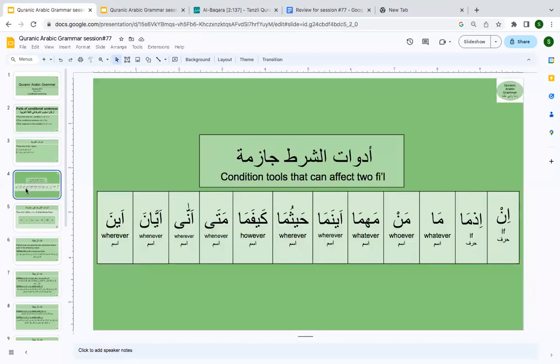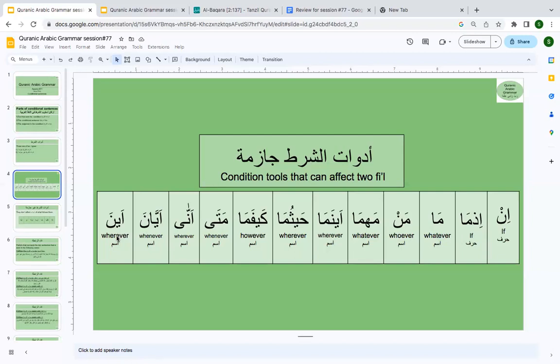You have learned all these in your term 2, if you remember. In, which means if. Isma, I have never taught you, and it is not used commonly. But ma, man, mahma, aynama, haythuma, kayfama, mata, anna, ayyana, ayna. Have we not learned it in term 2? You just need to learn them by heart.